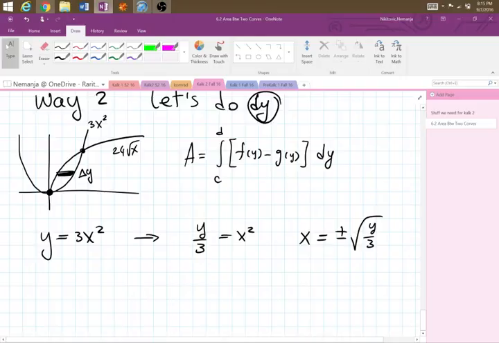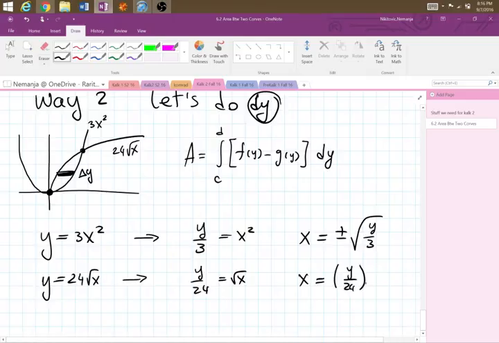The other function was y equals 24 square root of x, which is y over 24 equals square root of x, and then we square both sides to get rid of the square root, so x is equal to y over 24, everything squared.